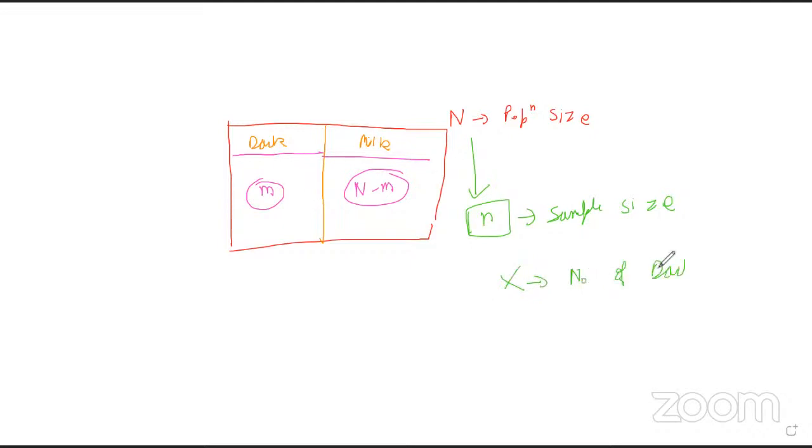Small m is the number of elements in my population of the category I am interested in, here dark chocolates. Capital N is the total number of elements in my complete population, and small n is how many chocolates I am drawing, my sample size.